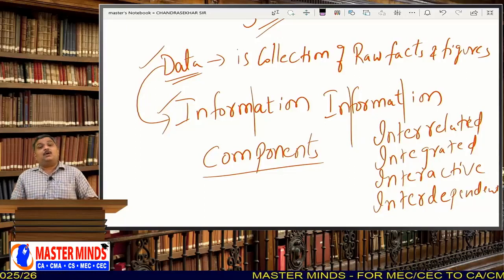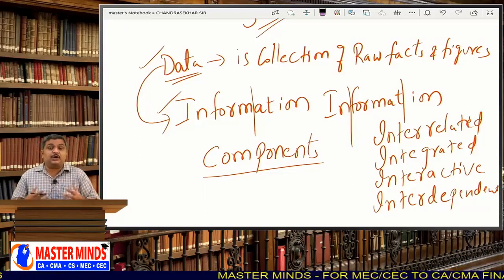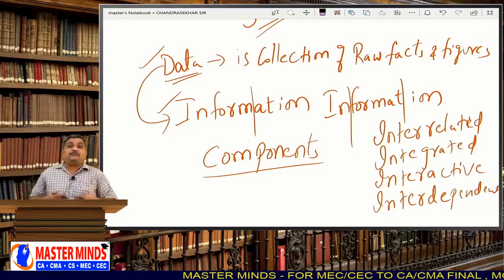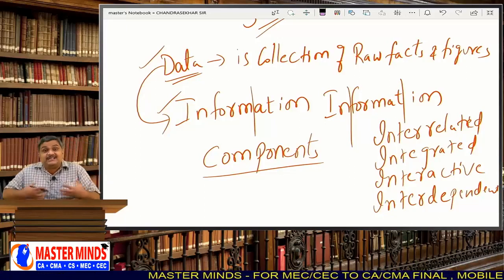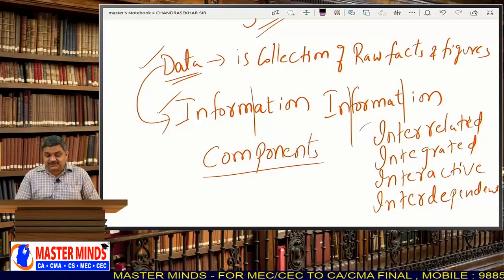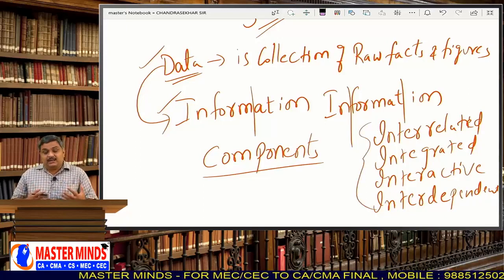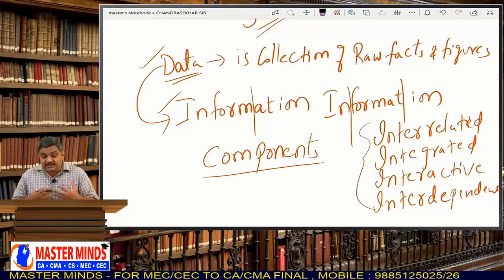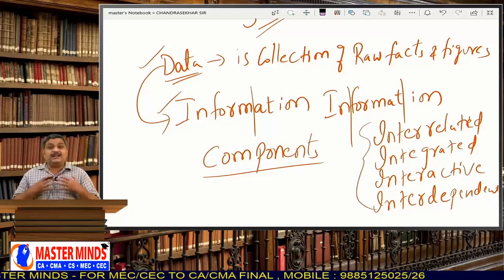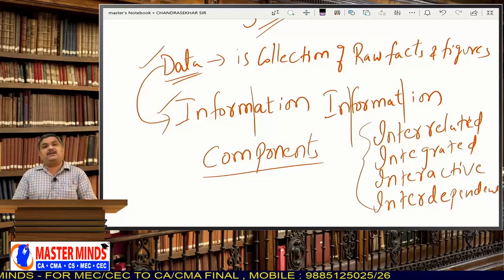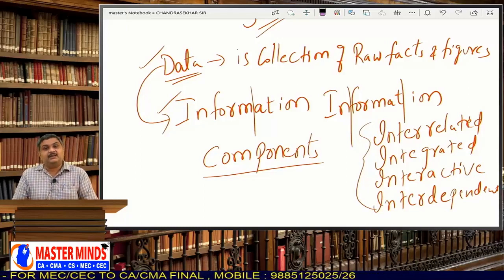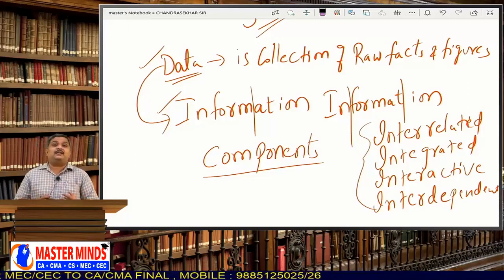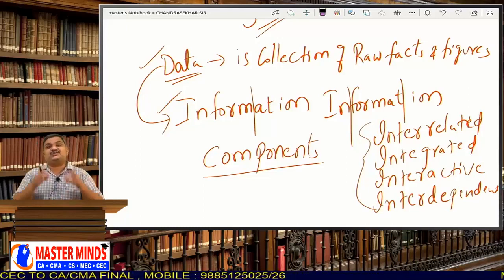That means all the organs in our human body exhibit these four characteristics. What are they? All the organs are functioning in an interrelated, integrated, interactive and interdependent manner. Hence, we can say that our human body is a system.